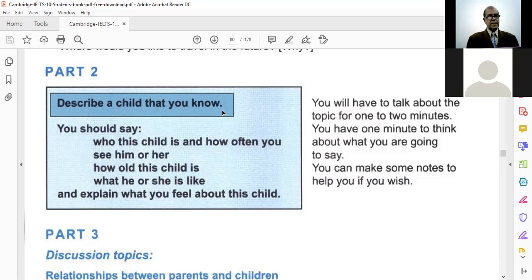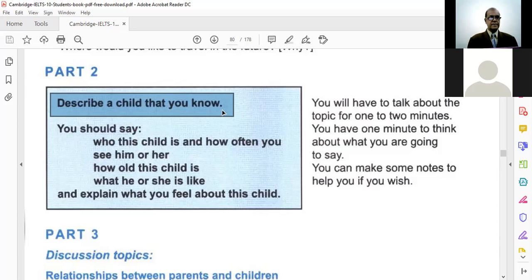You should tell me about the child: how old the child was when you met, how old the child is now, what he or she is like. It's all in the present. And explain what you feel about the child.